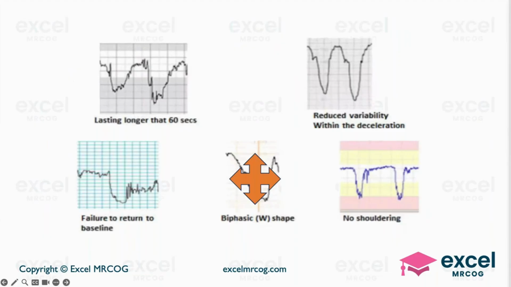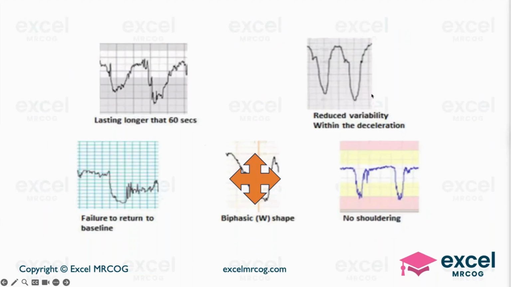The older guideline had 5 concerning characteristics. The new one has just 4 of them. They have removed the biphasic or W pattern. I put a cross on it. It's a bad looking cross, but I put a cross on it.